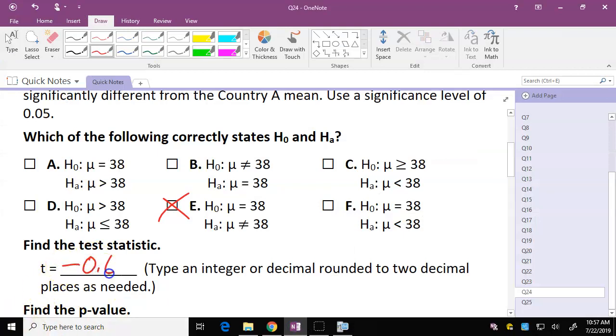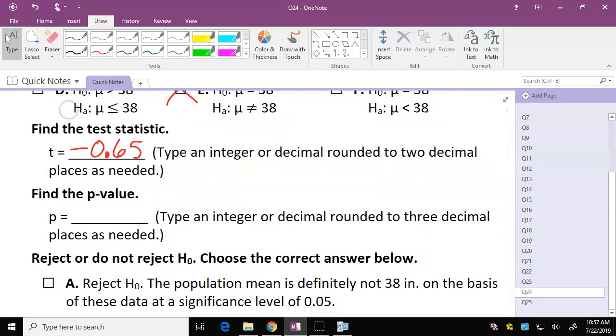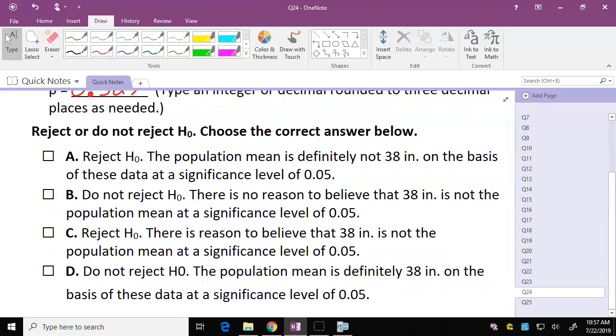Negative 0.65, you said. And our p-value was 0.529. Okay. So do we reject or not reject? Do not reject. So we got 2 choices, B or D now.